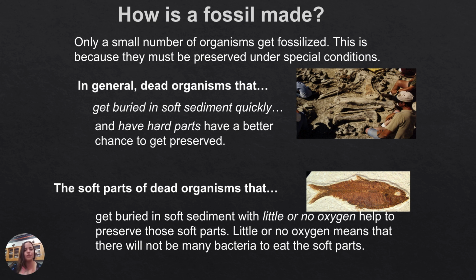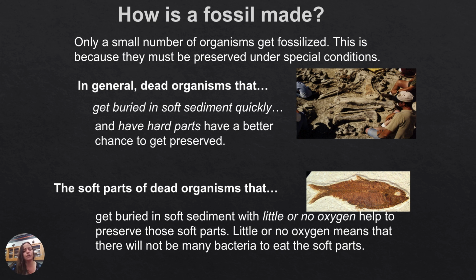Okay, so in general, dead organisms that get buried in sediment very quickly are going to have a better chance at being fossilized. Additionally, if they have hard parts, they have an even better chance of being fossilized. So if they don't have bones and they have just soft parts like some fish or bacteria, they're not going to actually be preserved long term.